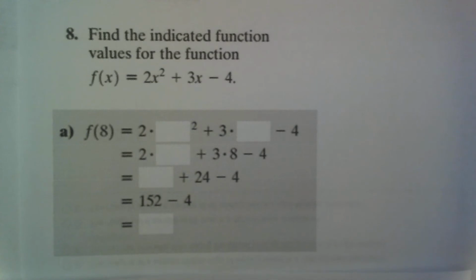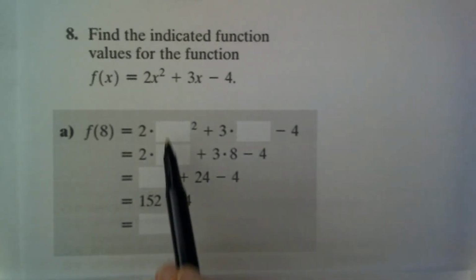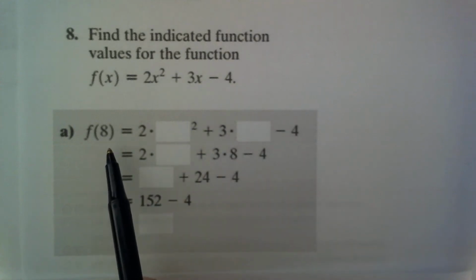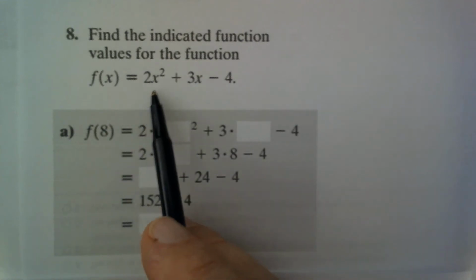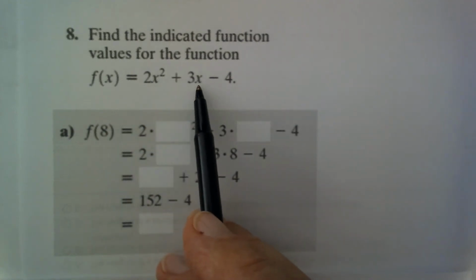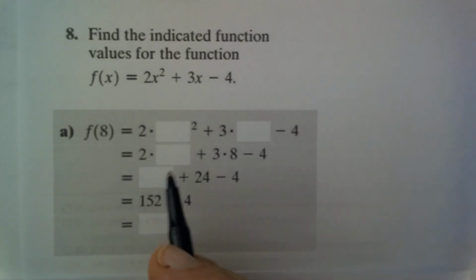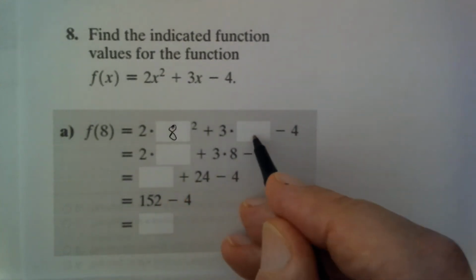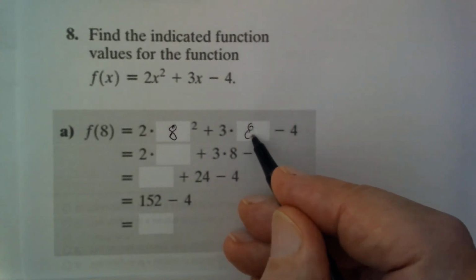So next we have a function given by f of x equals 2x squared plus 3x minus 4. And we are asked to evaluate this function for different values of x. So the first one is f of 8. That means wherever we see an x, we replace it with the number 8. So it means 2 times 8 squared plus 3 times 8 minus 4.